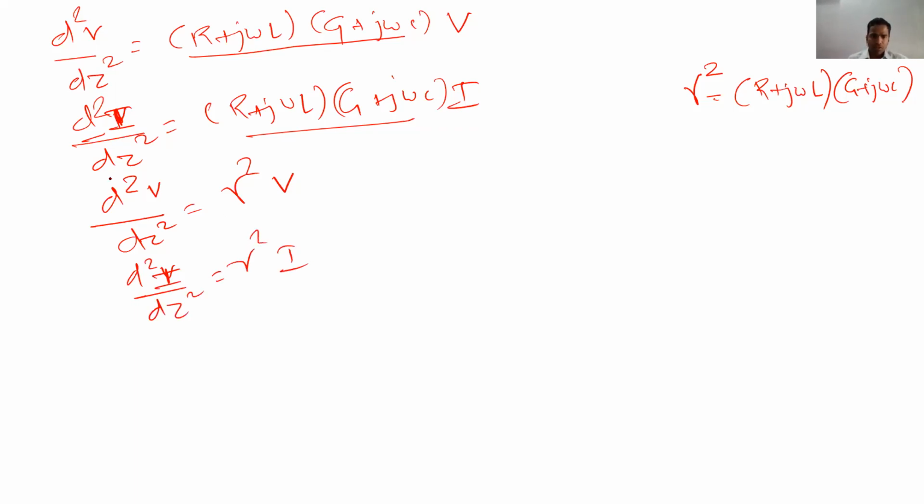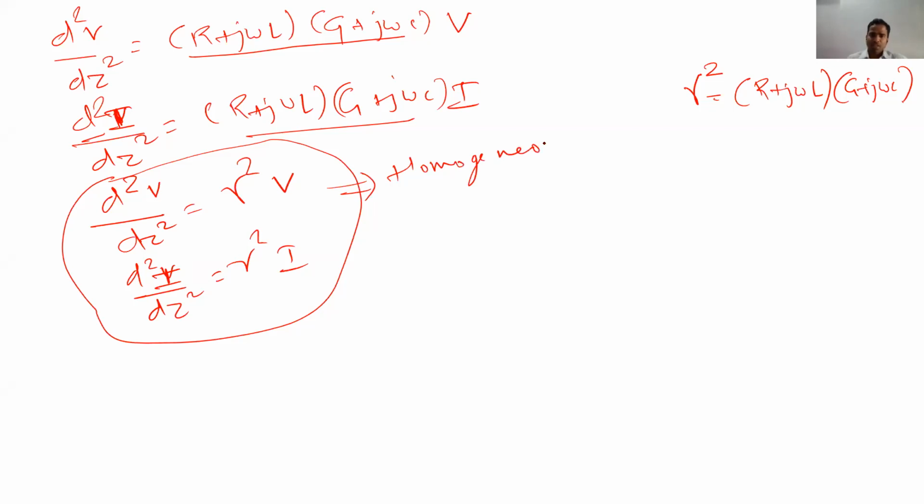Now these two equations, do you remember what they look like? You must have solved differential equations in your maths course. So this looks like a homogeneous differential equation, right? And how do you find the solution for this?